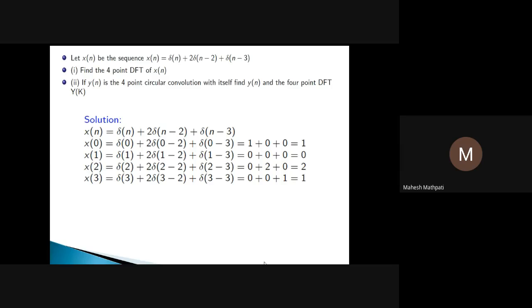Have everyone noted this down? Can I move further? Yes? Is it over?